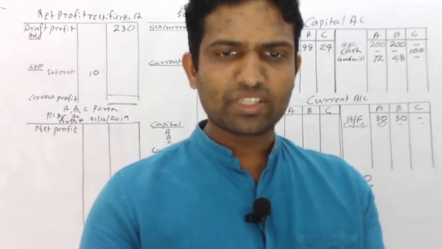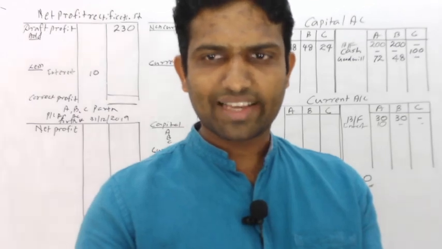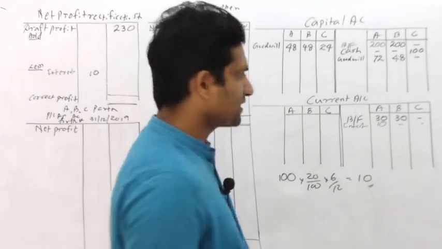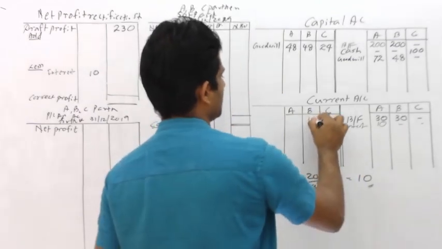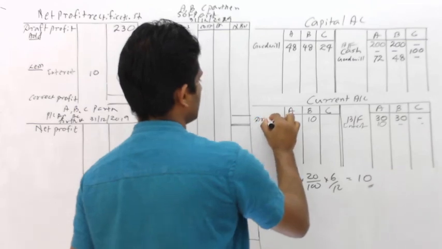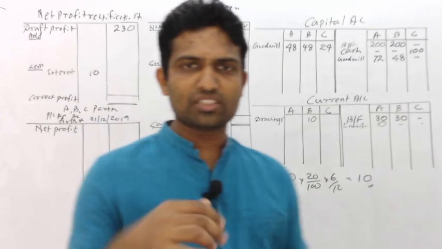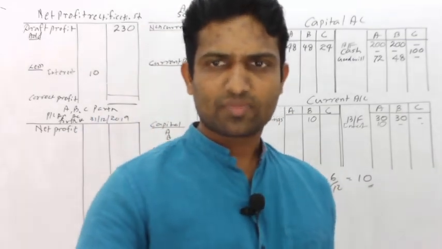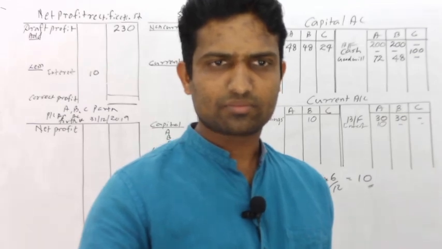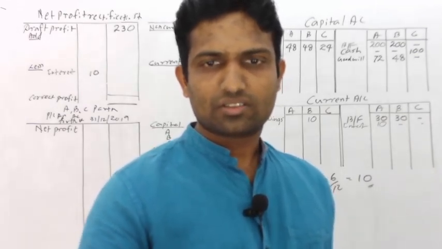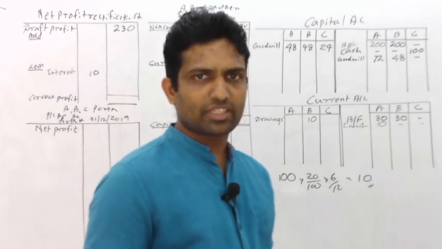Cash drawings of B, 10,000, has not been accounted. Cash drawings you have to account. That is drawings of B. Debit 10,000 rupees, drawings. And as this is cash drawings, this should be credited to cash. See the cash. It is given 50,000. 50,000 minus 10, so the cash balance is 40.